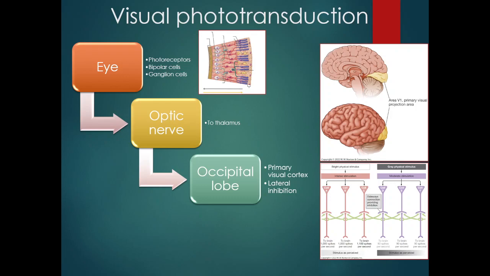But the basic idea is that as information comes in, for example, with a bright physical stimulus on the left-hand side, the cells are trying to send the information the vertical way. So from where it says cell A, it wants to go down its axon and send it to its destination, which is at the bottom of that diagram, to the brain. So it wants to be passing it down in that vertical way.